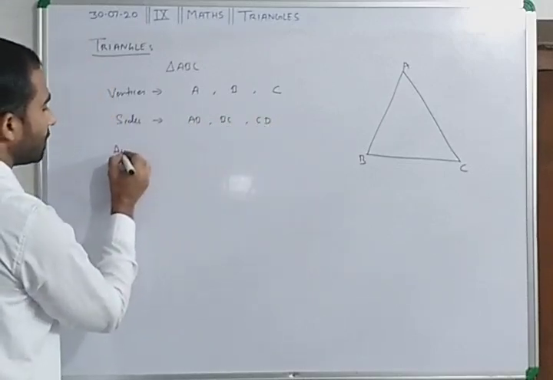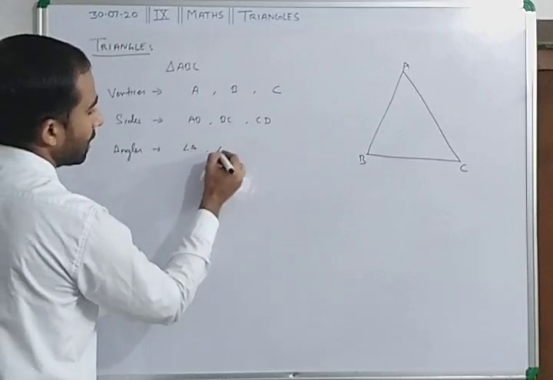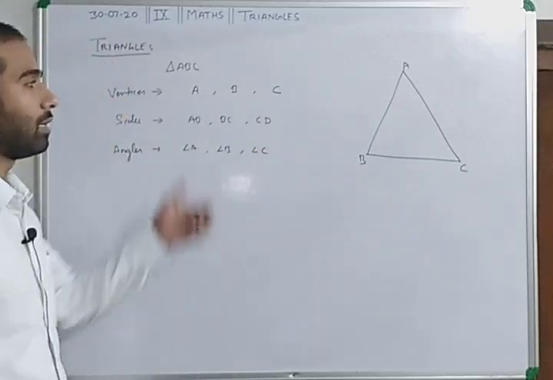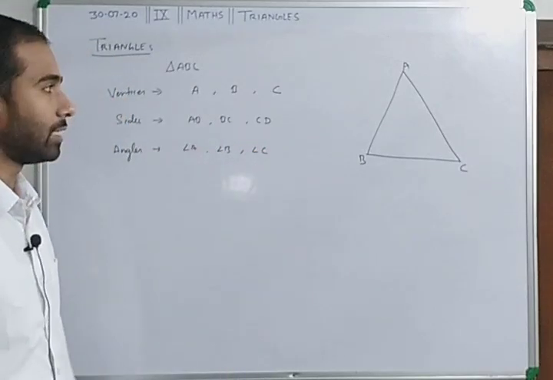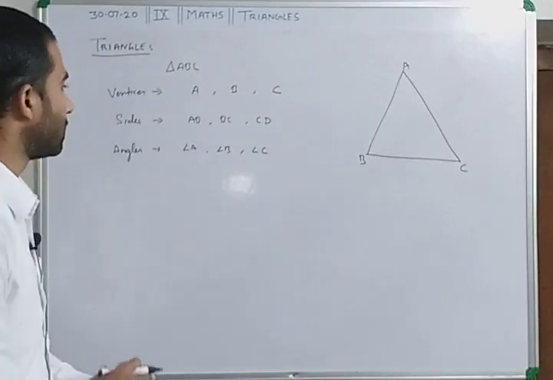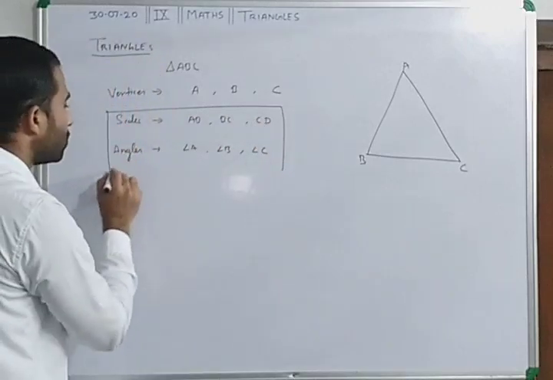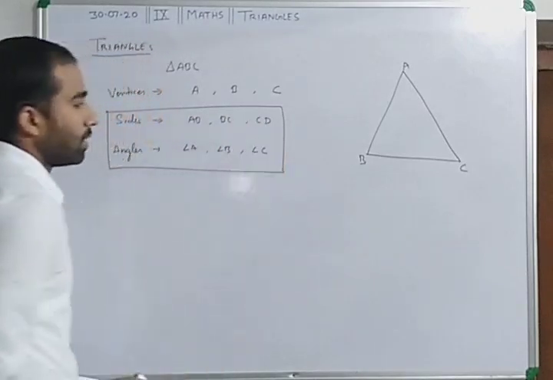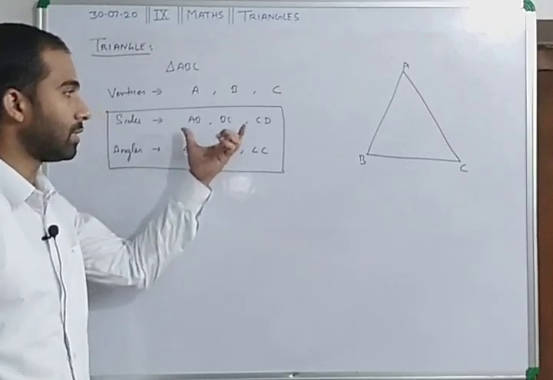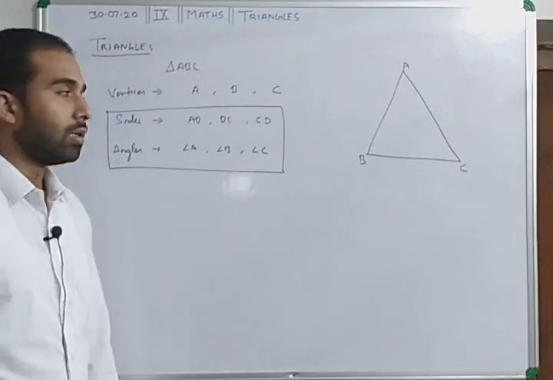Then angles, angle A, angle B and angle C. So there are 9 parts we are observing in this figure, but we mostly consider side and angle. If you consider side and angle, there are 6 parts whenever we observe any triangle.